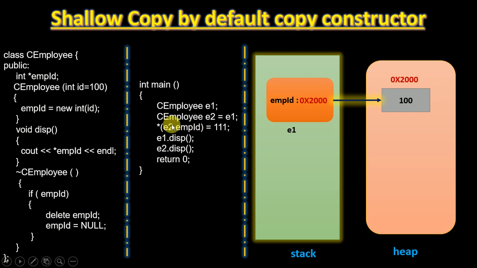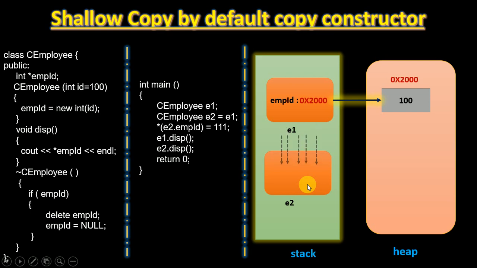The second thing is CEmployee e2 equals e1. As a first step, the object will be created. Now when I say e2 equals e1, what the compiler-provided copy constructor will do is a shallow copy. Whatever information is present in e1, that entire thing is copied as it is to e2.